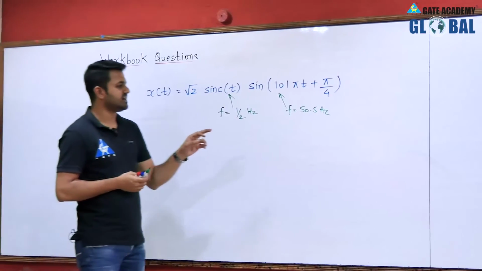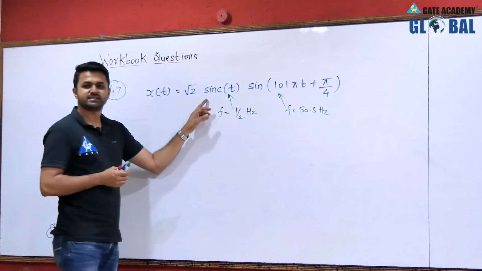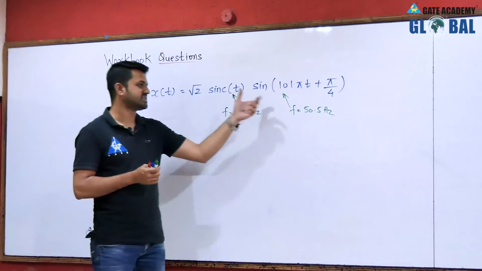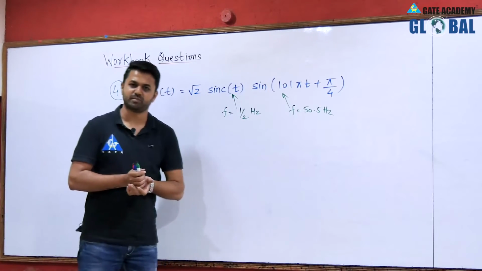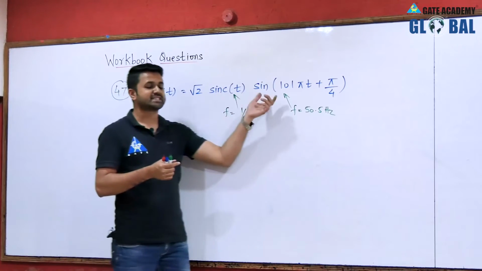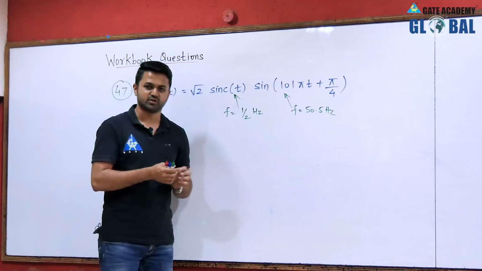It means that the 50 Hz we can achieve from this term only. So root 2 sinc t remains the same, and this term can be converted into the complex form in terms of complex envelope, or into the quadrature and in-phase form. You can apply either method.